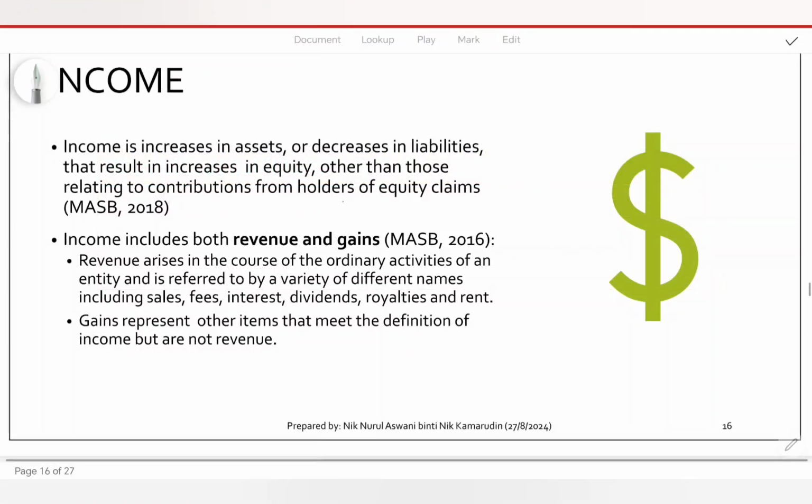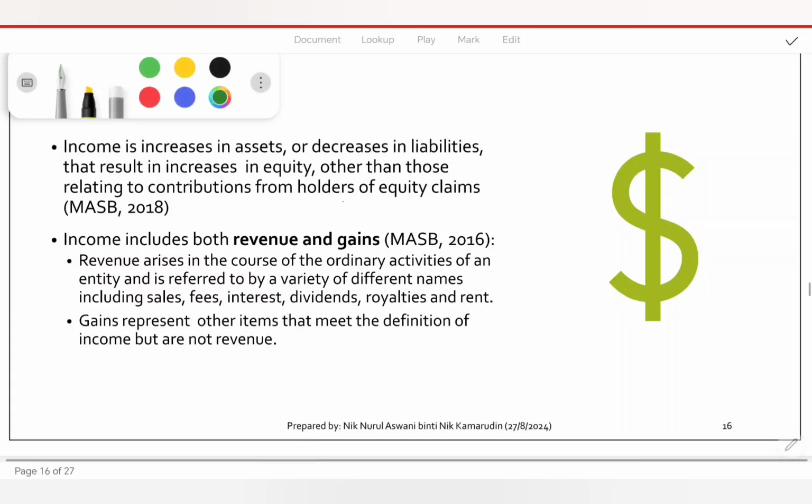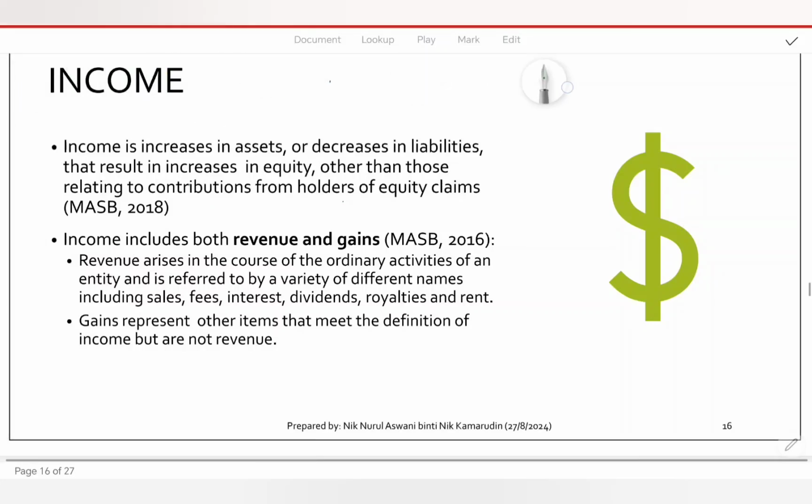For income, it means increases in assets or decreases in liabilities that result in an increase in equity, other than those relating to contributions from holders of equity claims. So income will also result in an increase in equity.